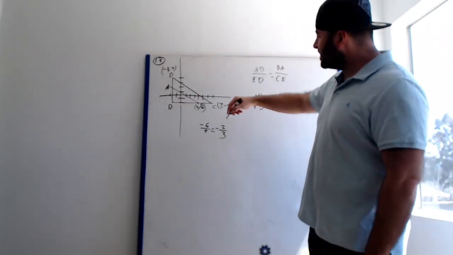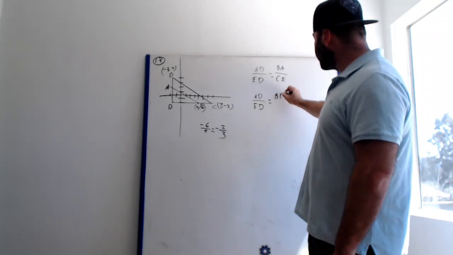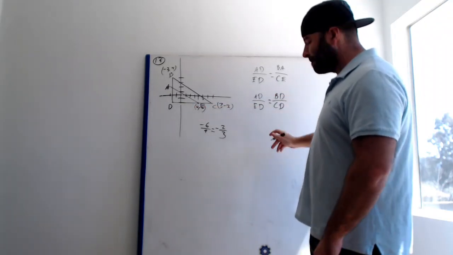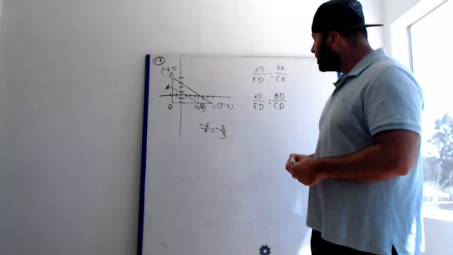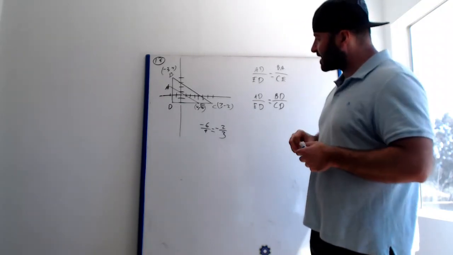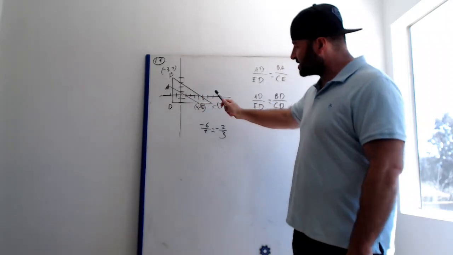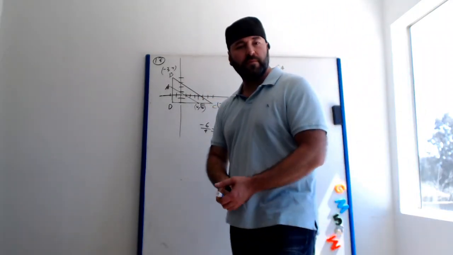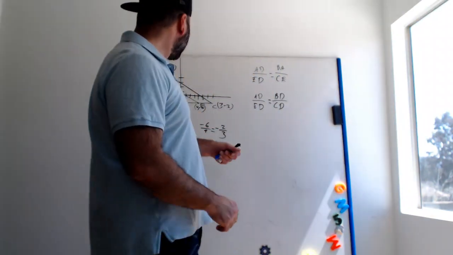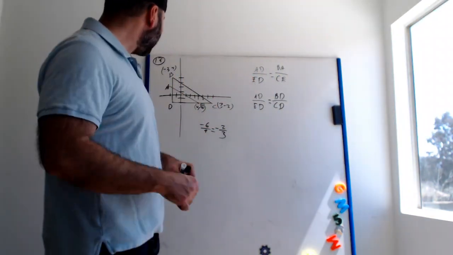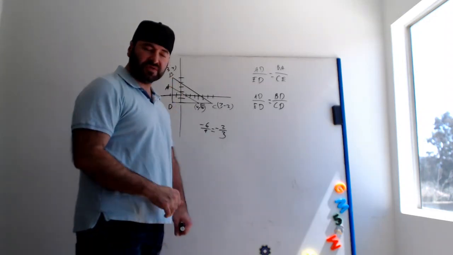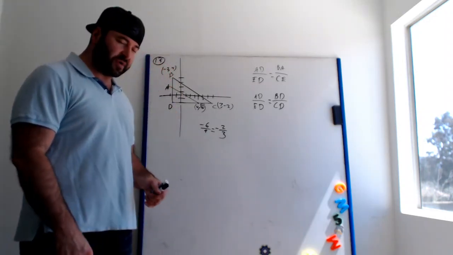So AD is to BD as ED is to CD. And that's kind of how you go over number 19. The key was making the two lines parallel, finding the intersection point, and then setting up some more proportions. There are probably more proportions available than just that, but I don't want to harp on this problem any longer. I'd like to move on to number 25.